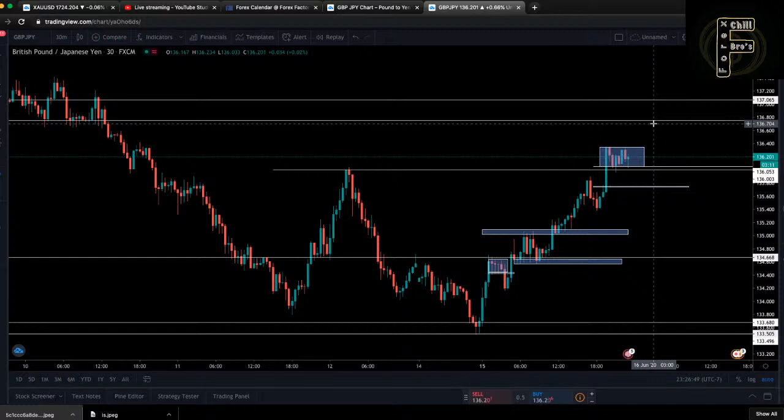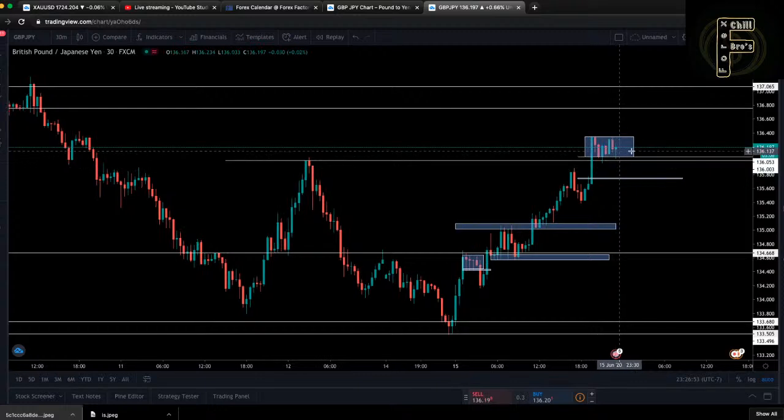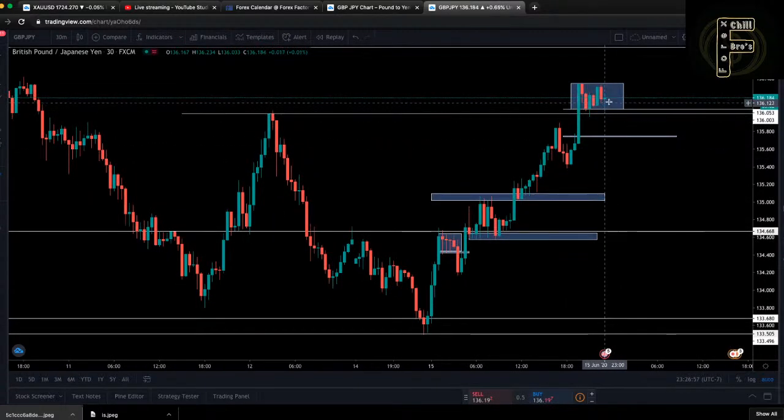The 30 minutes is closing in 3 minutes. Now it's forming the support right now. Anytime a support is formed, it has to form a resistance at the top. So you just wait.